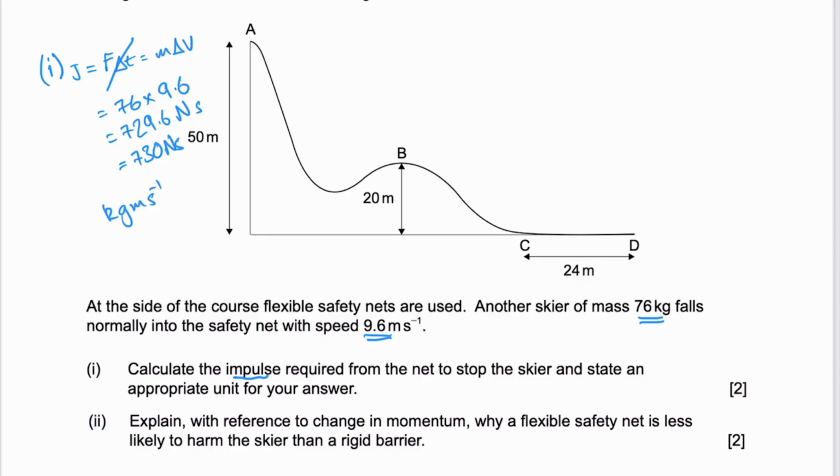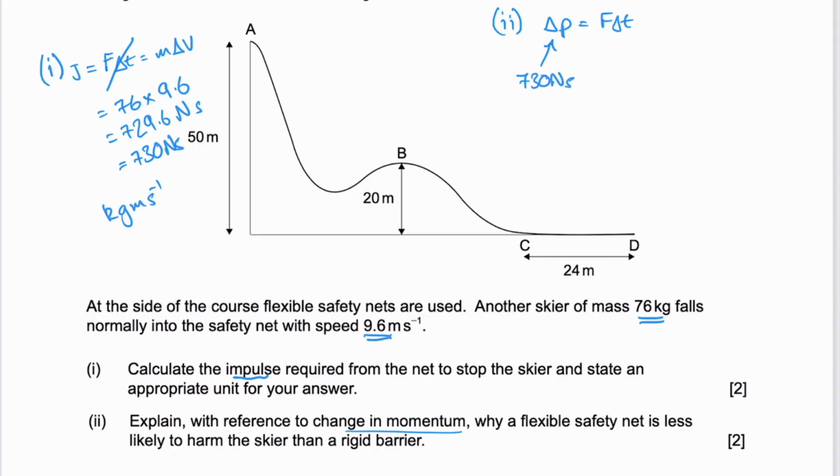Number 2, explain with reference to change in momentum why a flexible safety net is less likely to harm the skier than a rigid barrier. The change in momentum is equal to F delta T. And this value of change in momentum is a constant at 730 Newton seconds. That can't change.